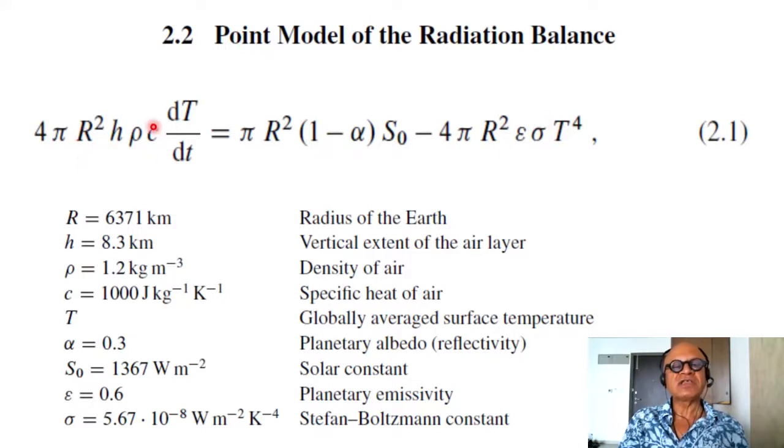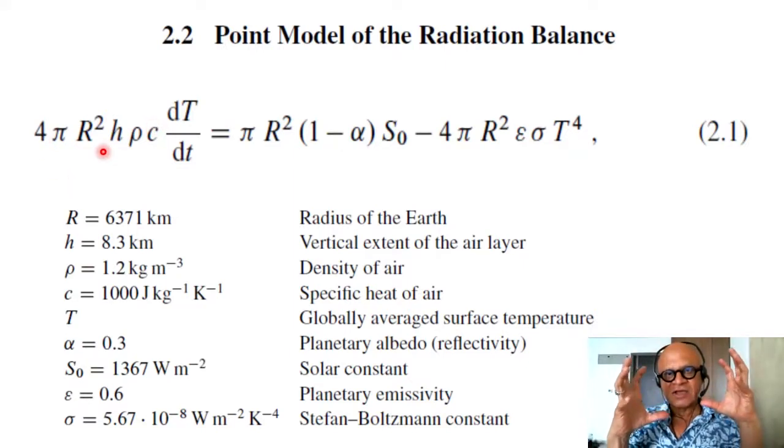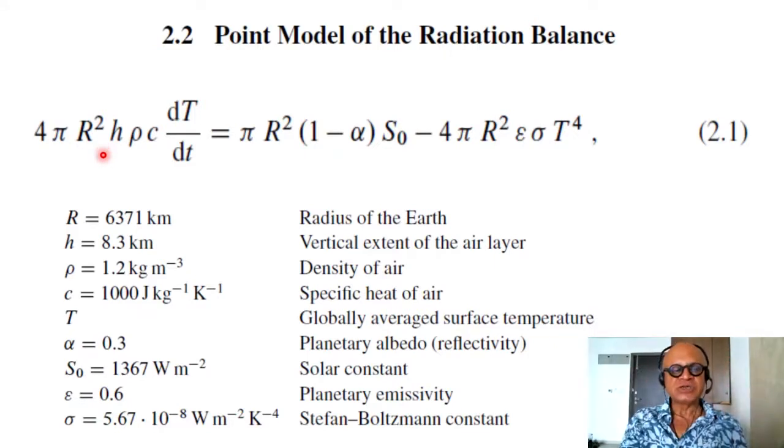The only addition we have done here is to say we will allow the heat content of the atmospheric layer to change in time. So 4 pi r squared is the layer covering the sphere, h is the vertical extent of the air layer, and rho is the density of air, and C is here the specific heat of air.